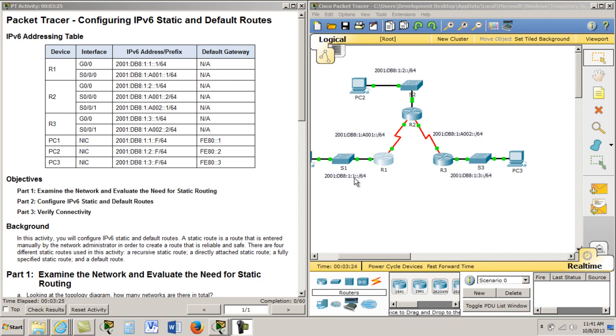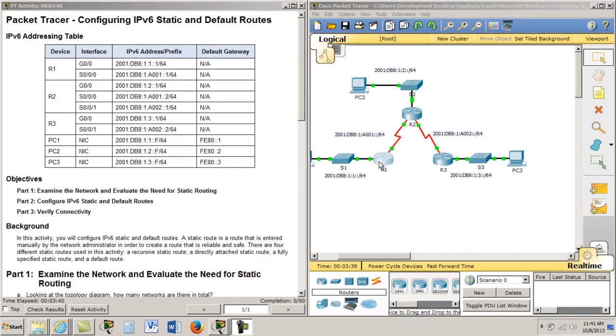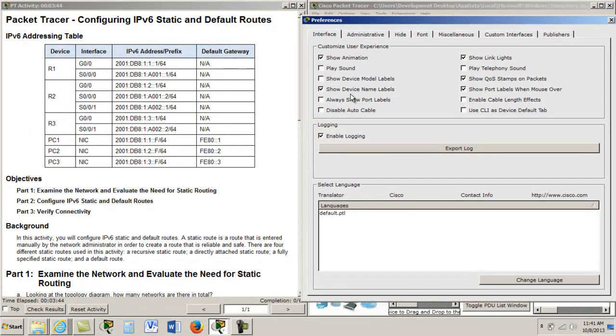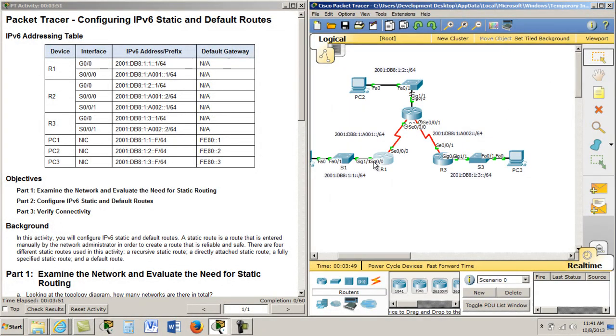And again, here we've left out the 3 leading zeros, 0001, and that's the fourth hextet. 4 times 16, 64. So our network here is 2001:DB8:1:1, and if we turn on always show port labels, we'll see that is on the G0/0 interface of R1.